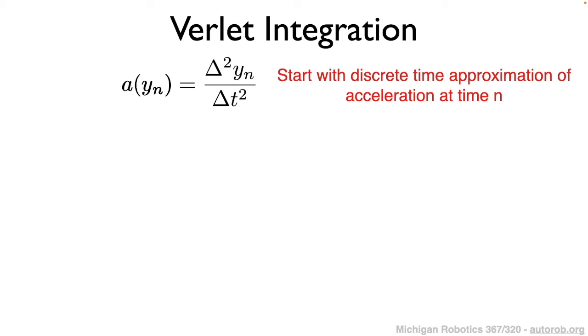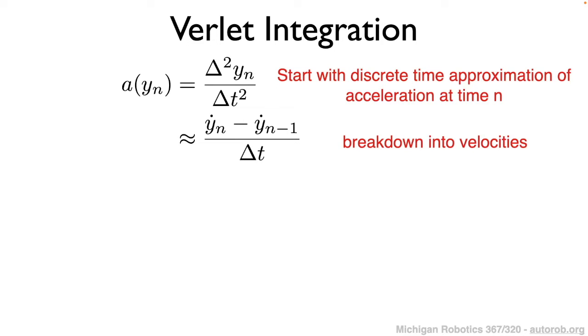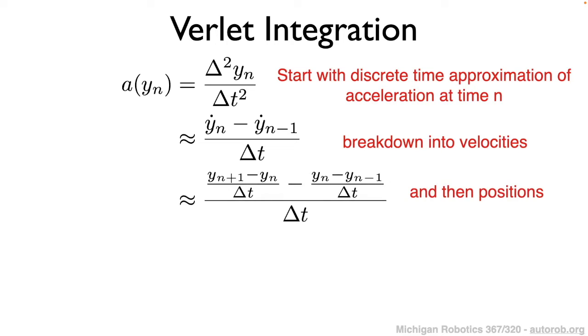If we discretize that second derivative, we can recognize acceleration in this form, which can then be approximated based on the difference of the velocity. In other words, we're breaking the acceleration down into a function based on the velocities, which can themselves be broken down into functions based on the positions.